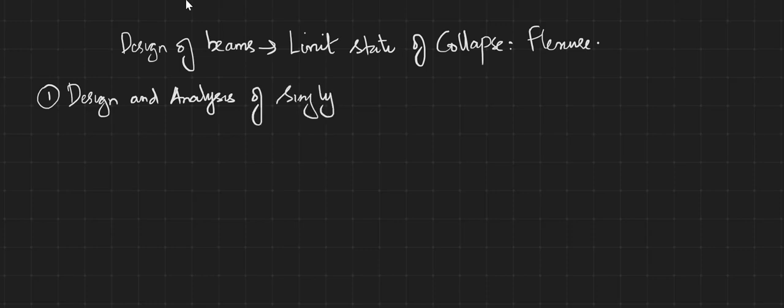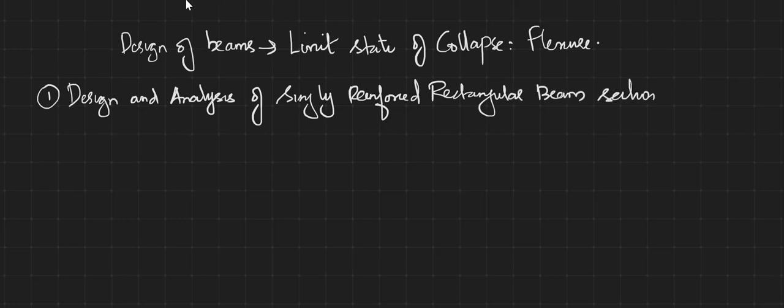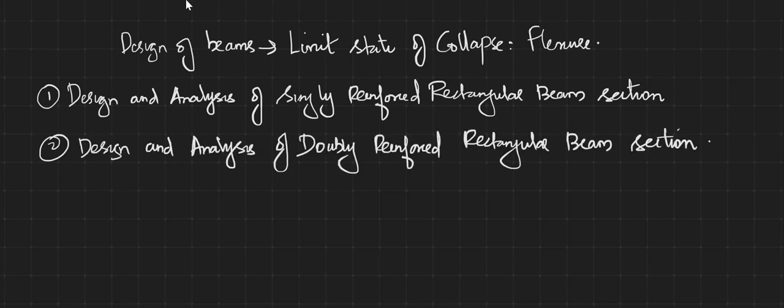The first thing you are going to study is the design and analysis of a singly reinforced rectangular beam section. The second one you will study is the design and analysis of a doubly reinforced rectangular beam section.